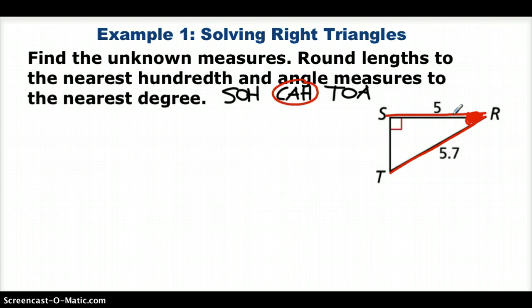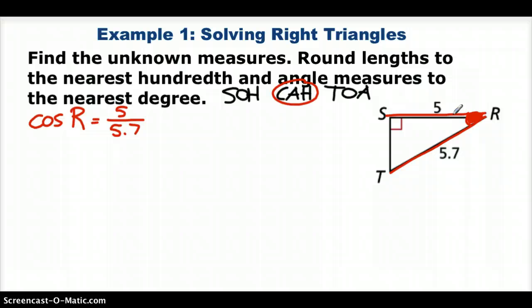I'm looking at cosine. So what I could say here is the cosine of R is going to be equal to, well, the adjacent side is 5 over the hypotenuse, which is 5.7, right? Well, if I know that ratio of the cosine of R, I should now be able to figure out what the angle measurement is.